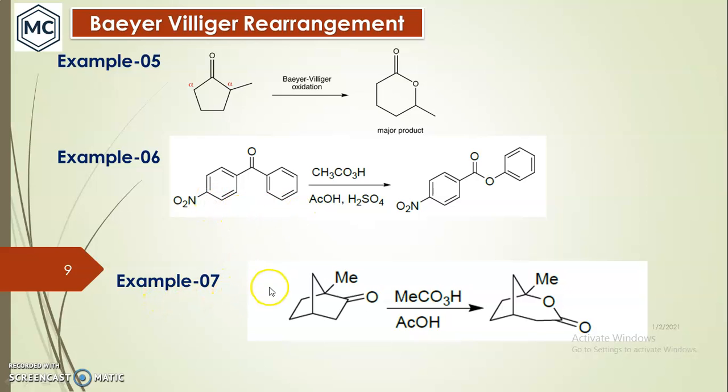And in example 7, you can see this bicyclic system, and the oxygen is inserted here. The reason is this is a tertiary alkyl group. This is only a secondary alkyl group, which has less migratory aptitude, and oxygen gets inserted here.